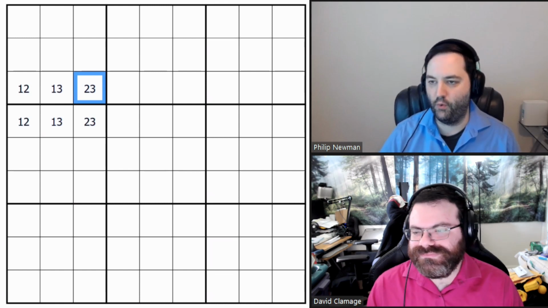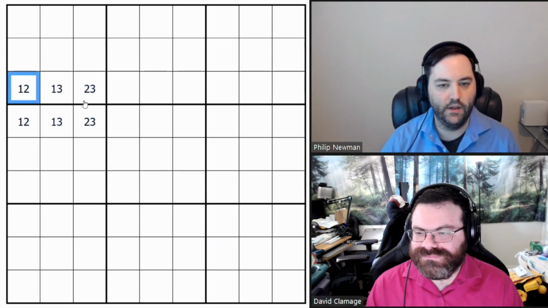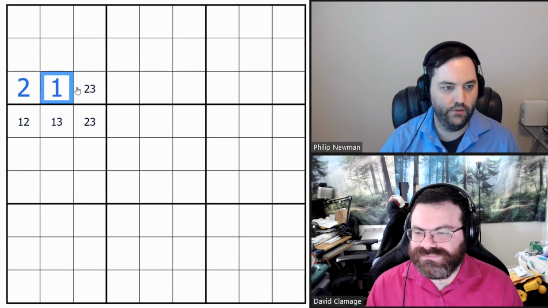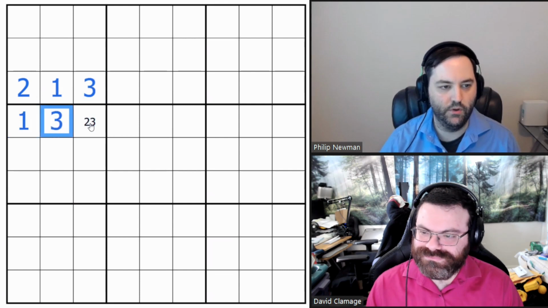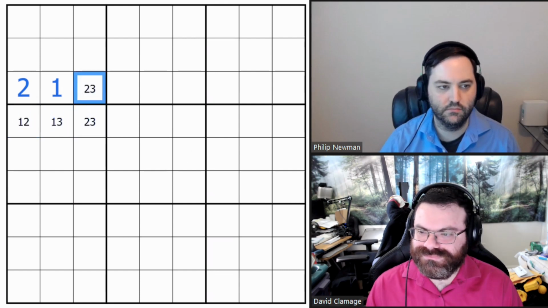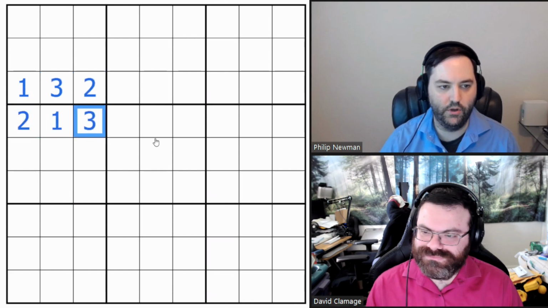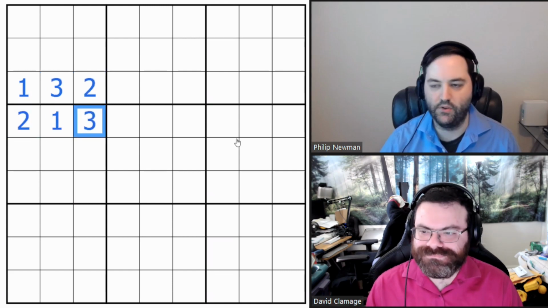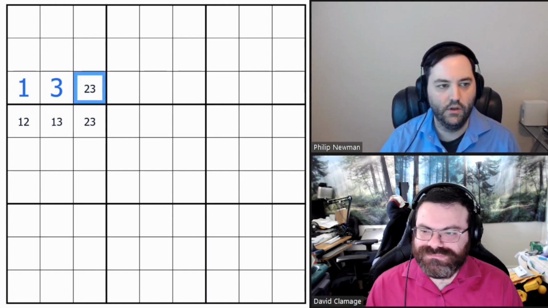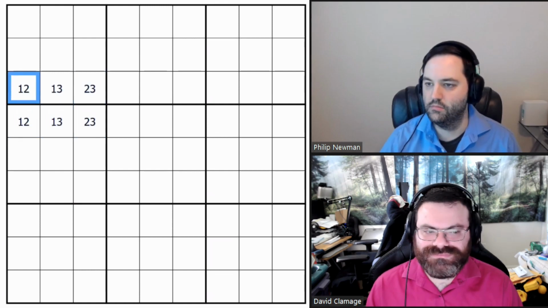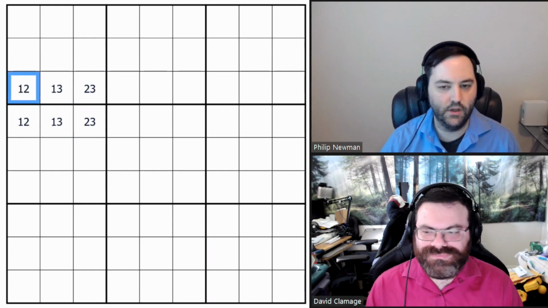So if that's not a 4, then I could have 2, 1, 3 and 1, 3, 2. Or I could have 1, 3, 2 and 2, 1, 3. There's nothing disambiguous. So it's just a bigger unavoidable set.